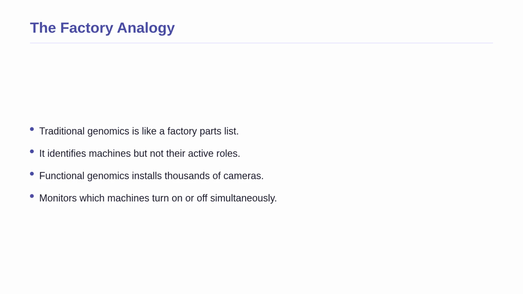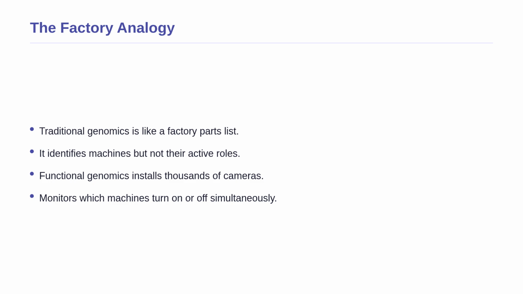Now that we have introduced our topic, let us build some intuition using a simple analogy. Imagine you are trying to understand how a massive, complex factory works. If you just walk through and write down a list of all the machines inside, that is like traditional genomics. You have the parts list, but you do not actually know what any of the machines do.